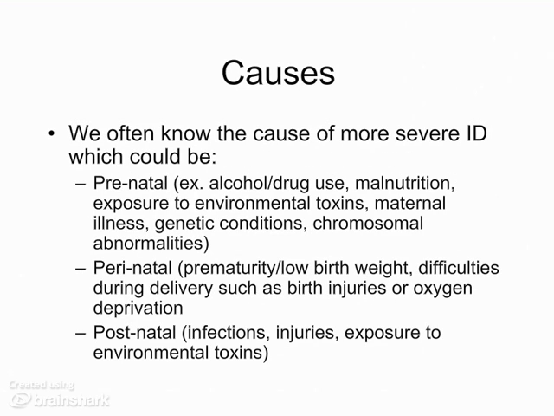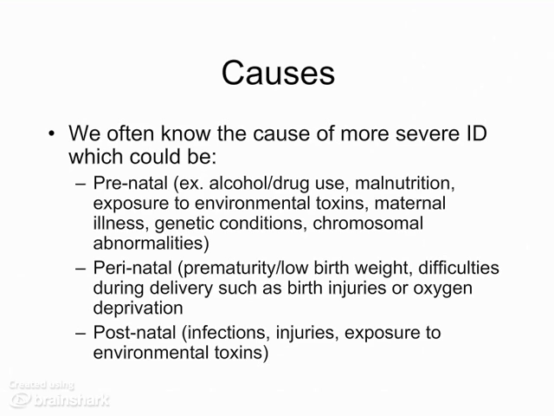In contrast, we often do know the cause of more severe intellectual disabilities, and these causes could be prenatal, perinatal, or postnatal. Prenatal causes include things such as alcohol and drug abuse, malnutrition, exposure to environmental toxins, maternal illness, genetic conditions, and chromosomal abnormalities.